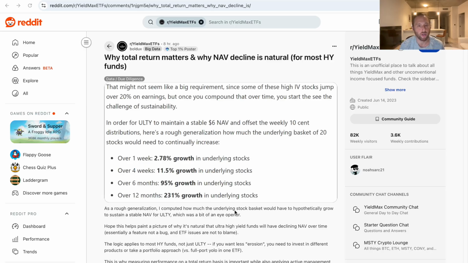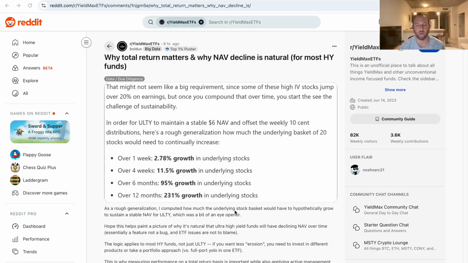Definitely not. And I do understand that ULTY is about total return, and you are seeing a very sizable distribution that is covering and mitigating the NAV erosion, but we are long-term investors, guys. I don't think it's a viable long-term strategy to really race to the bottom after 1 year.